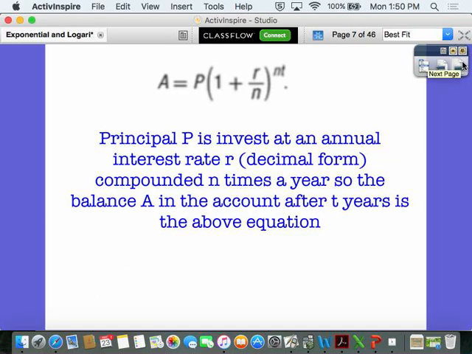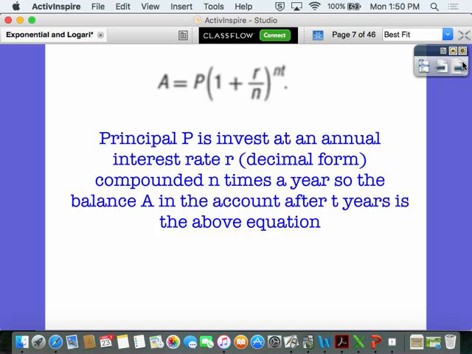There was this formula. A equals P, parentheses 1 plus r over n, to the nt. This was used for compound interest. Where P represented your principal amount, aka your initial deposit, how much you originally deposited. R was your rate, your interest rate, always as a decimal, okay?